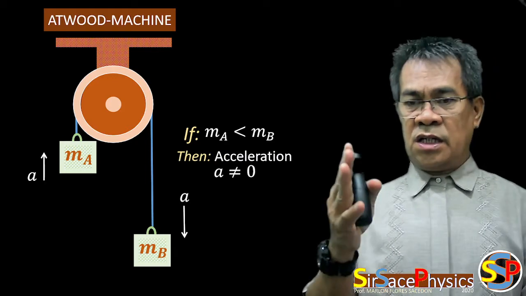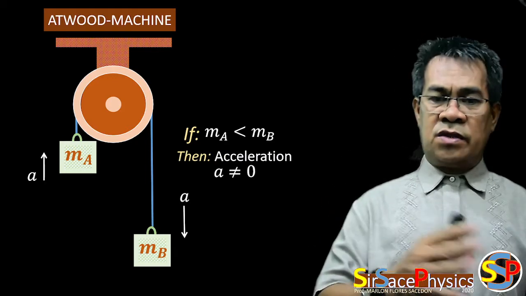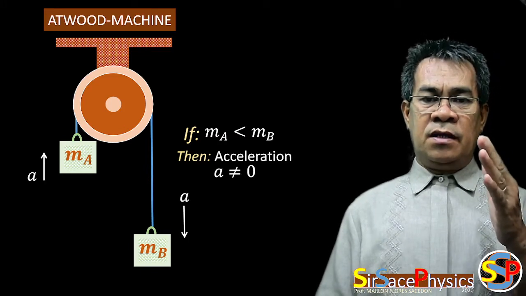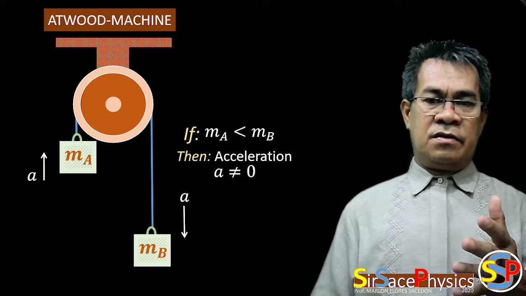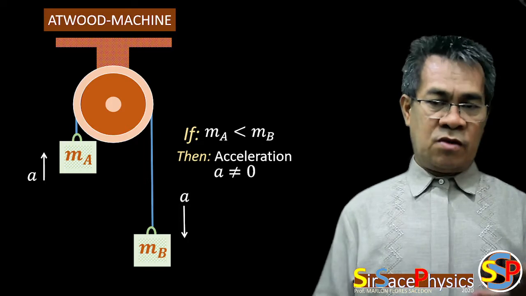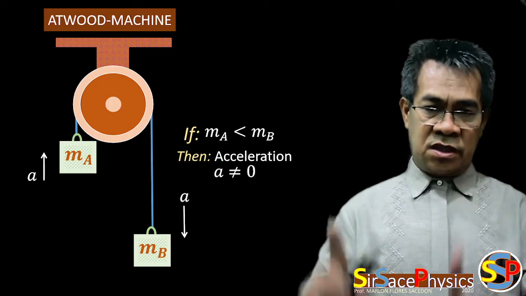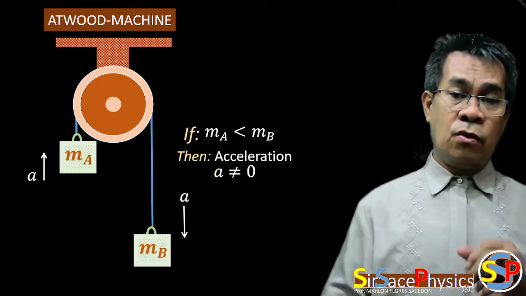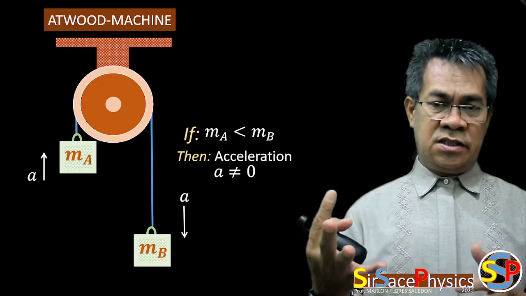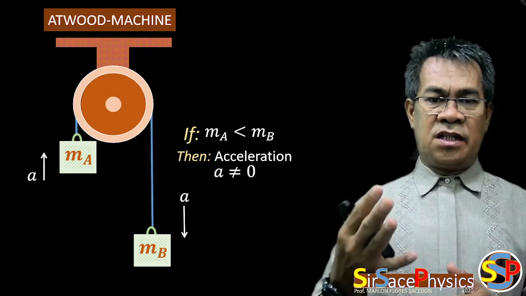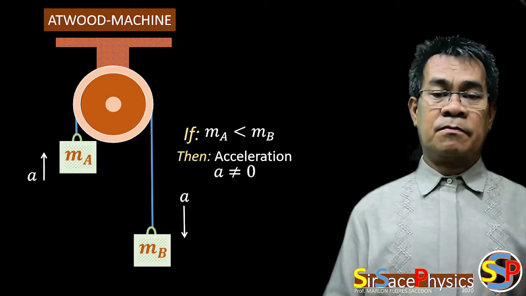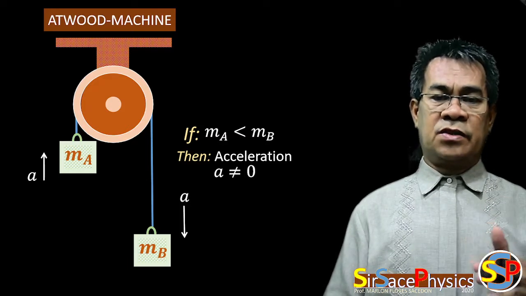Take note that the acceleration of A is always equal to the acceleration of B, vice versa. So the acceleration can be any number, no? But in that case, the acceleration is not equal to 0. Why? Because there is motion. Motion occurs, and it comes from rest and release, so surely the acceleration is not equal to zero. And remember that in the second law, the acceleration is proportional to the unbalanced force.